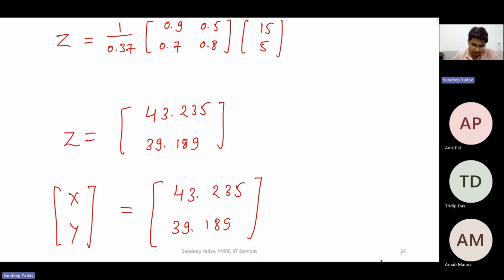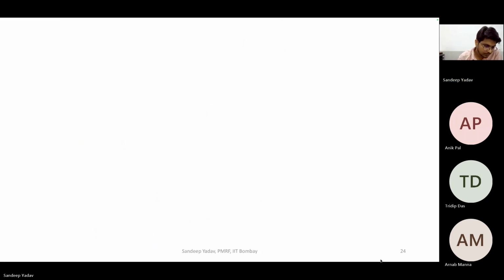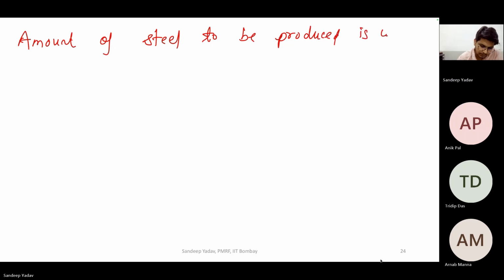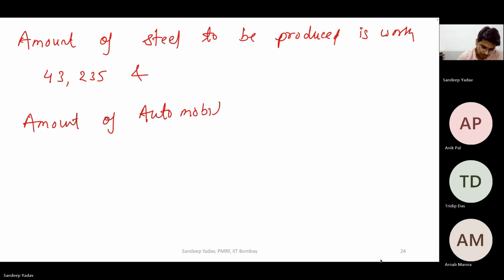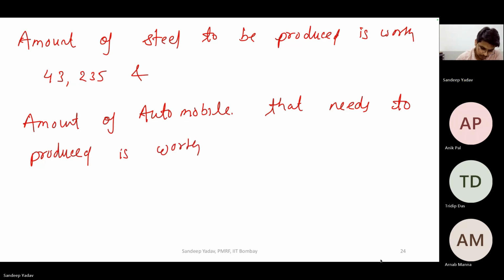Since the values are in thousands of rupees, the amount of steel to be produced is worth 43,235 and the amount of automobile that needs to be produced is worth 39,189 rupees. I hope it is clear.